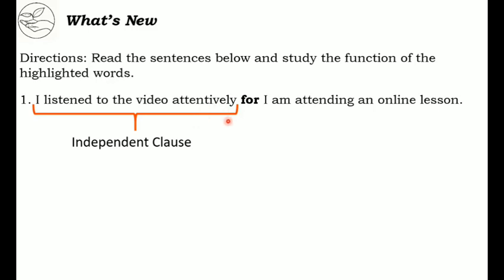Now, the second part is also called an independent clause. Again, it is an independent clause because it can stand alone. We can consider this also as a simple sentence: I am attending an online lesson. Even if we disregard the other part of the sentence, it is still a perfect sentence.